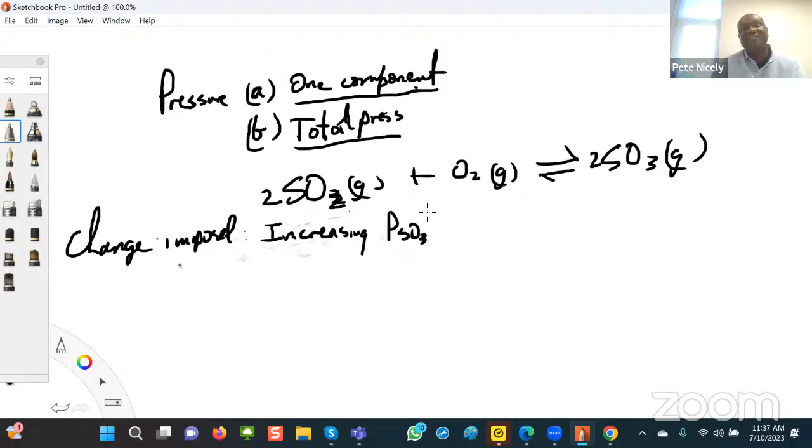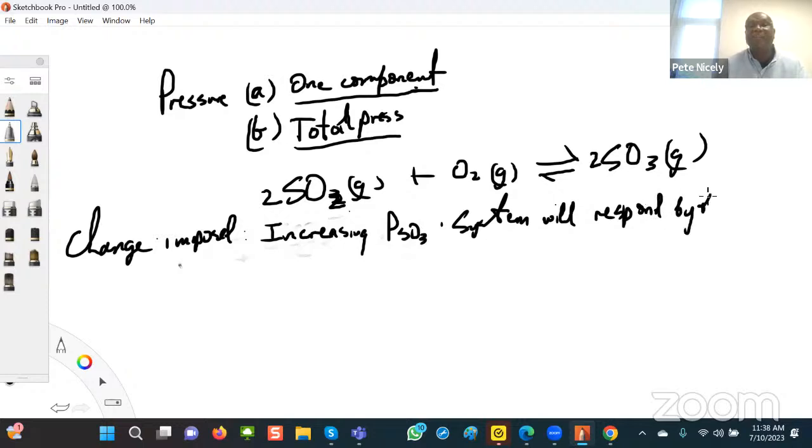So the question is, how will the system respond? System will respond by decreasing the pressure of SO3. Now, here's the thing.